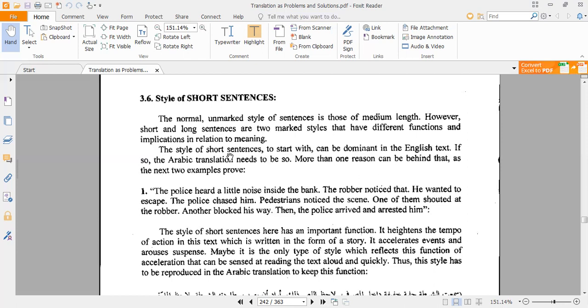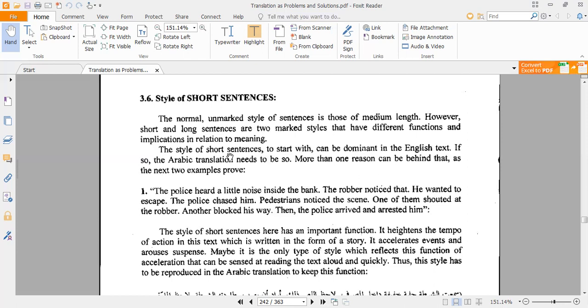In English, most of the time, we use the style of short sentences to achieve a certain purpose. So, in translation, this stylistic value of the short sentences should be reflected in our translated version.